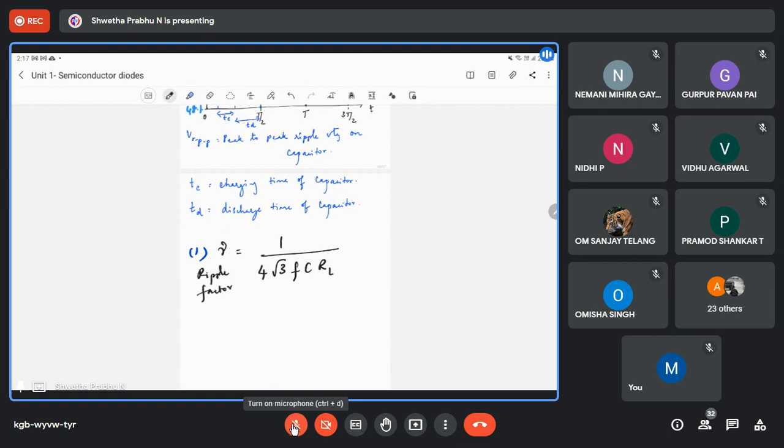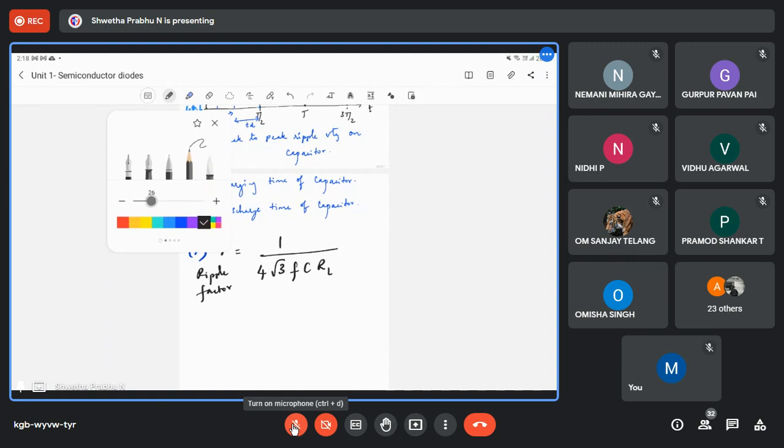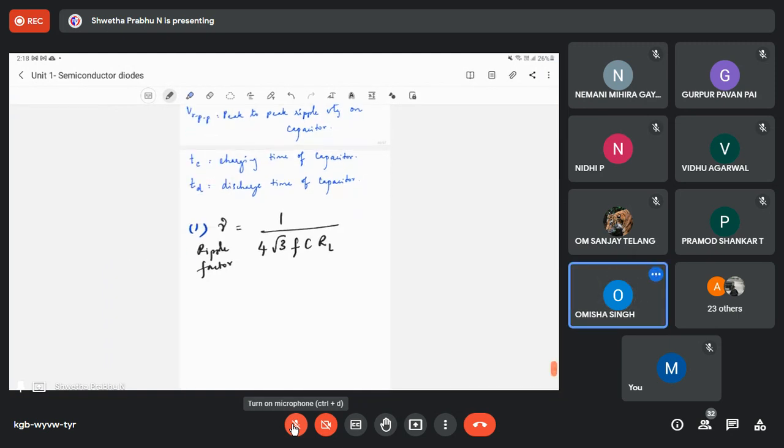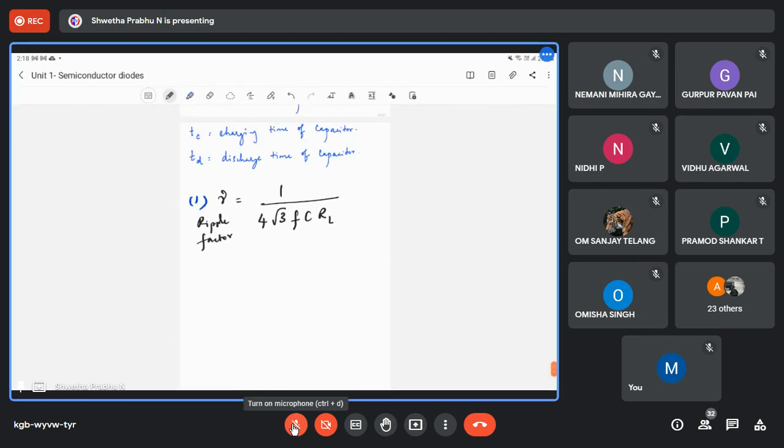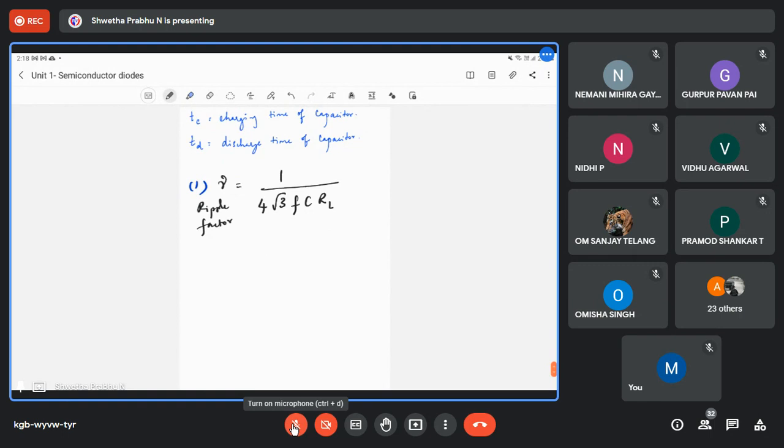So this is the formula for ripple factor with the C filter. f represents the frequency of the input. Coming to the second formula, load regulation.